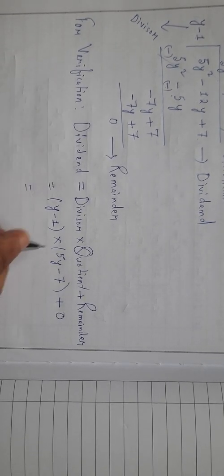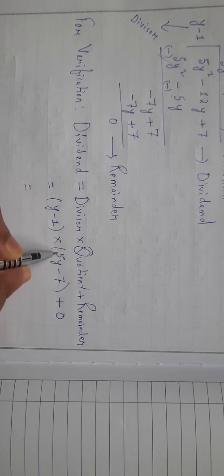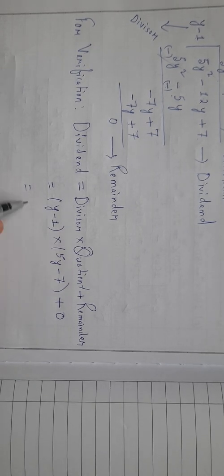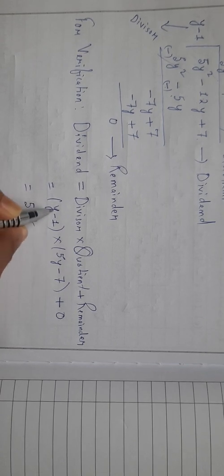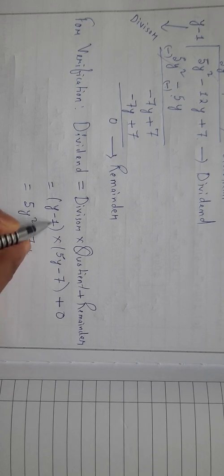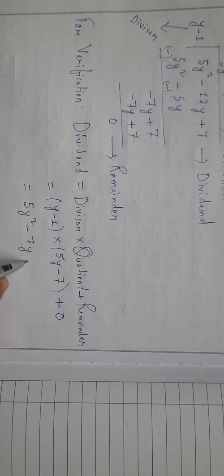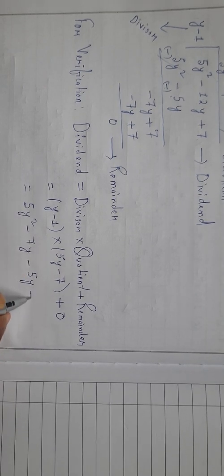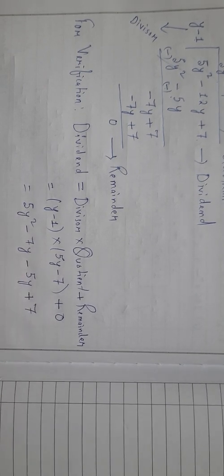So now we'll go on multiplying. Here also we'll do it directly. y into 5y is 5y square. y into minus 7 is minus 7y. Minus 1 into 5y is minus 5y. Minus 1 into minus 7 is plus 7.